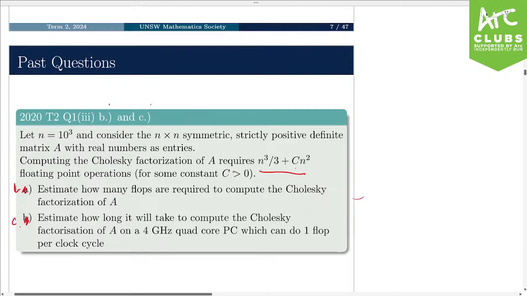We just know it's some constant, but since n is so large and we only want an estimate, we can just ignore the n squared term because the n cubed term will be so large. So here we estimate the number of flops to be (10^3)^3 over 3, which is 3.33 times 10 to the power of 8, I think.